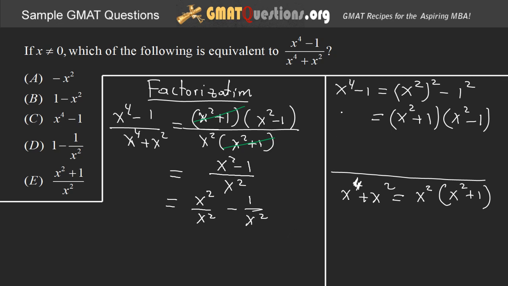It's like having a minus b over c, which is the same as a over c minus b over c. That's what I did here. And remember, x cannot be 0, so we can cancel this out. So this is 1 minus 1 over x squared. That's it. As you can see, the correct answer is D.